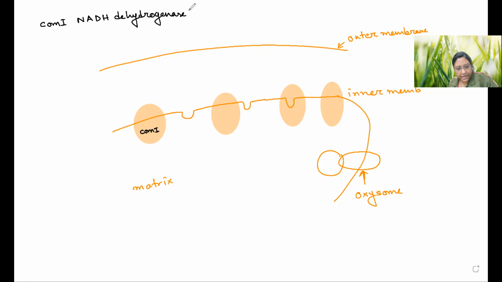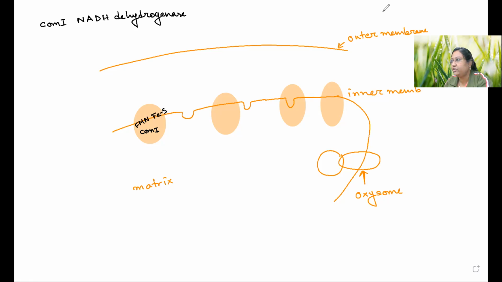So in this complex, there is one main enzyme which is called NADH dehydrogenase. And apart from that, a few electron carriers are present. So what are these electron carriers? These electron carriers are FMN and FES. FMN full form is flavin mononucleotide, and FES is iron sulfur center.